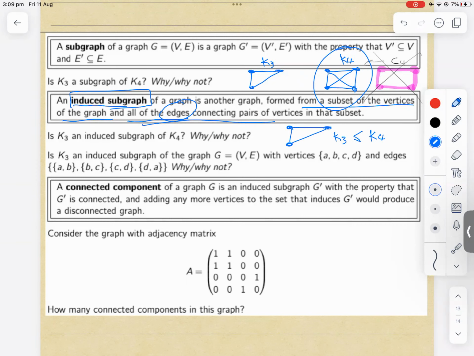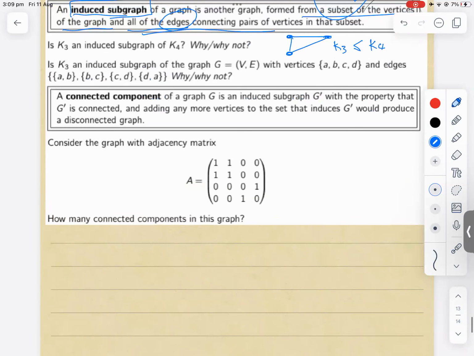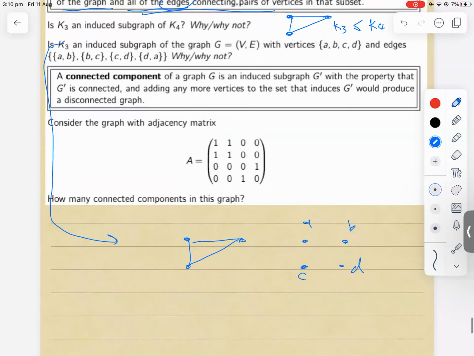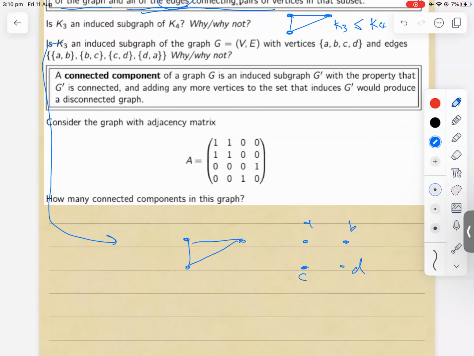Is K3 the induced subgraph of this? So K3. Maybe I will make a mistake, just be with me.